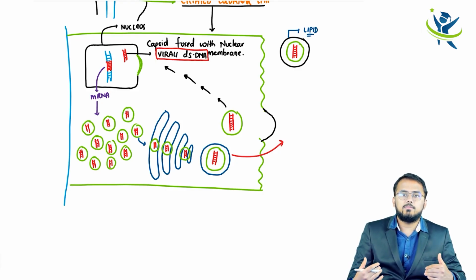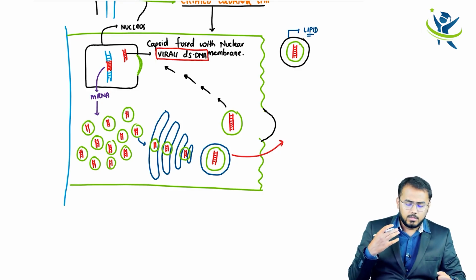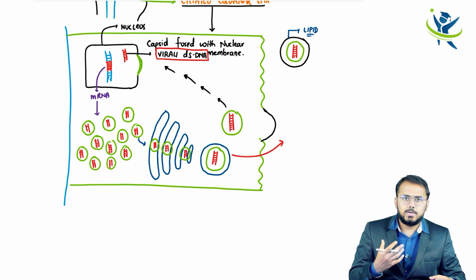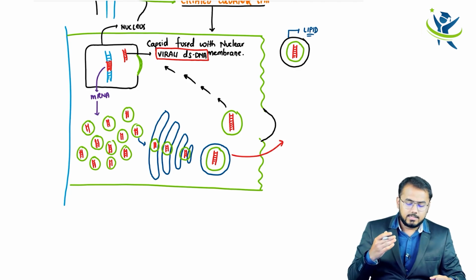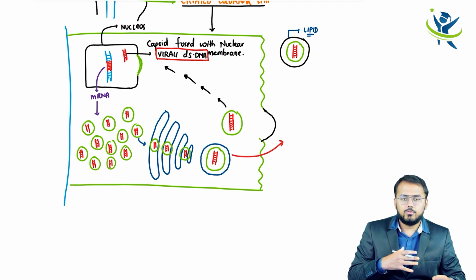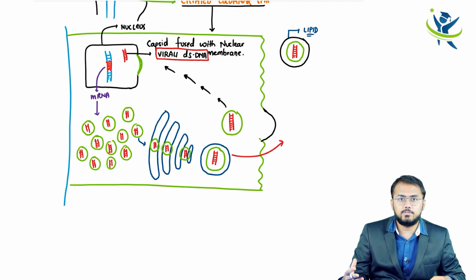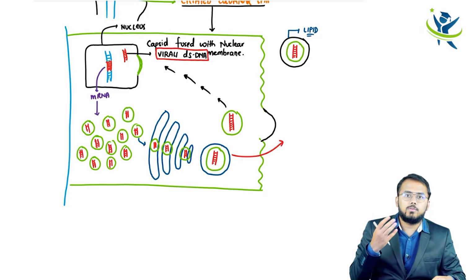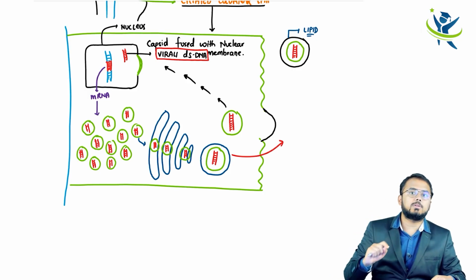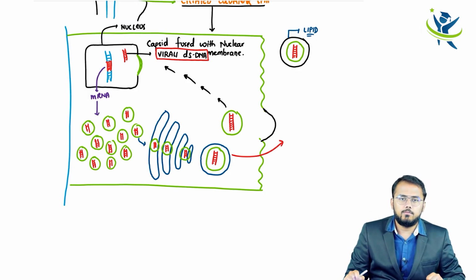For example, if I am infected with this virus, it got replicated in my respiratory epithelium, and let us say one virus entered inside, and right now I have synthesized around 100 viruses, and right now I am coughing out. When I am coughing or sneezing out, this virus goes and lands onto the next person, and I am going to draw what is going to happen in that person now.